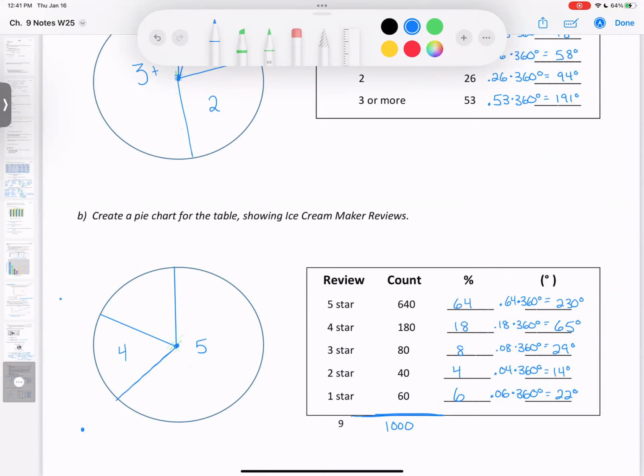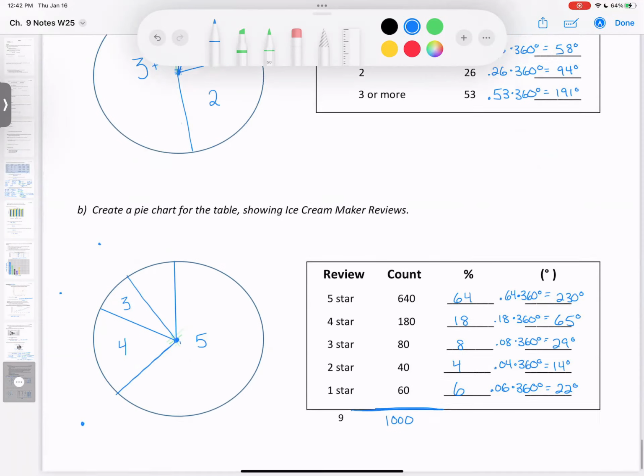And then from our most recent line, once again, we're going to measure 29 degrees. So there's our 3-star reviews.